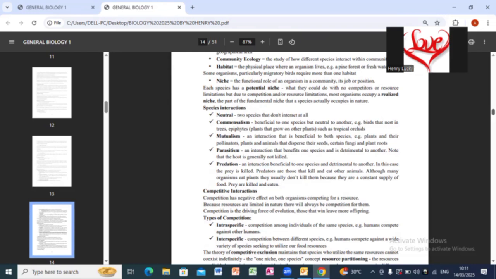Then parasitism is a form of interaction where a particular species benefits from another one at the detriment of that other. So note that the parasite is always ready to stay in the host.